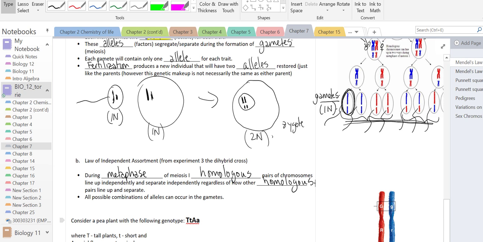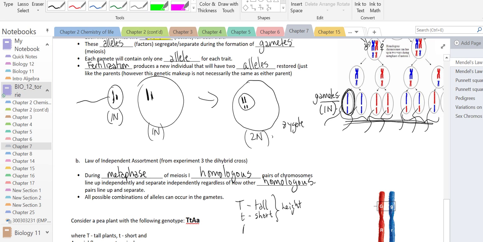So let's look at this example down here of an individual considering two different traits. So we could say, if this is a pea plant, T is for tall, right? And little t is the allele for short. So we have one gene that is governing height.